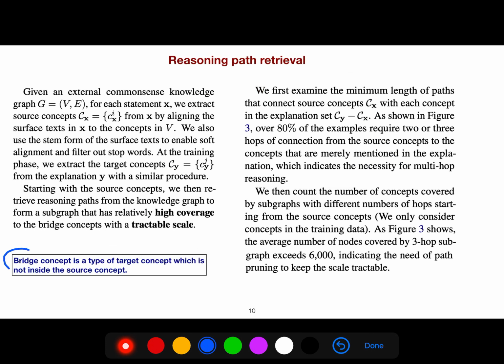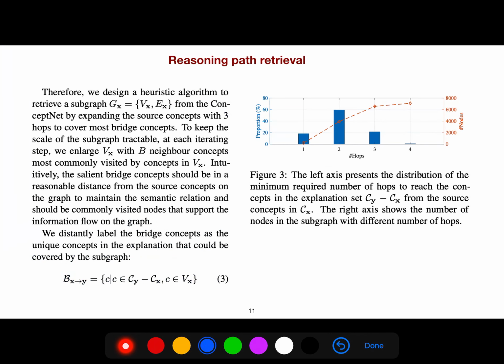So a bridge concept, I can say, is a type of target concept which is not inside the source concept. And this is the statistic, the proportion for different hops.